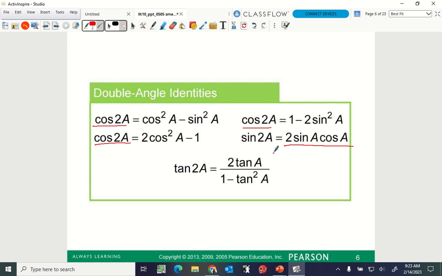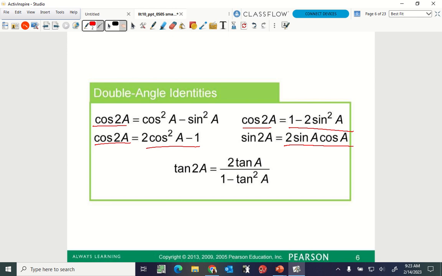When we actually start having to use this later on, you're going to have a specific one you have to use. Because if they only give you a cosine, you would use this one. If they only give you a sine, you would use this one. And if they give you sine and cosine, you could use this, or either there. The ones that you're most likely going to use most often is this one here with the sine squared or the cosine squared.